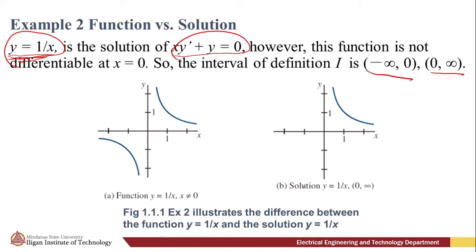So here, we represent y equals 1 over x as a solution from 0 to positive infinity, since the function 1 over x is defined on this interval. That is the comparison between function and a solution.